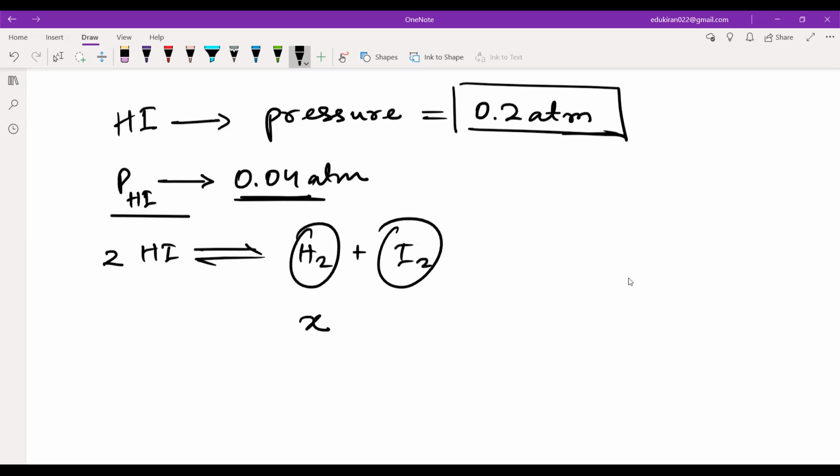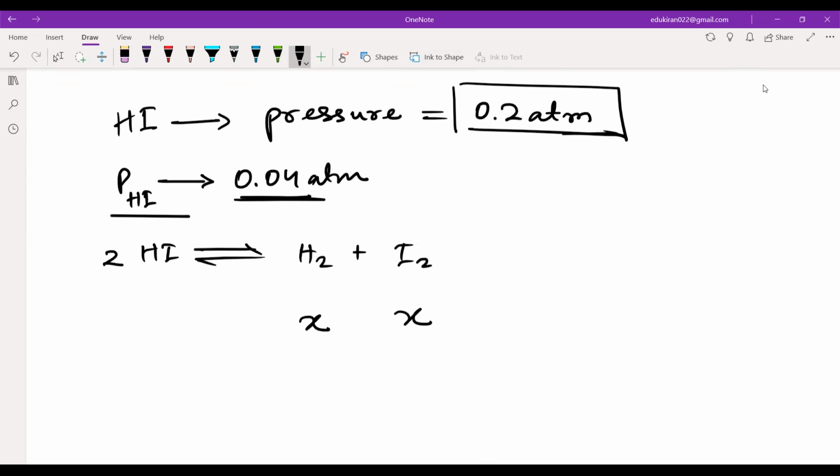If X amount of H2 is formed, then X amount of I2 will also be formed. Can I say that? Yes, because the ratio of moles is the same.